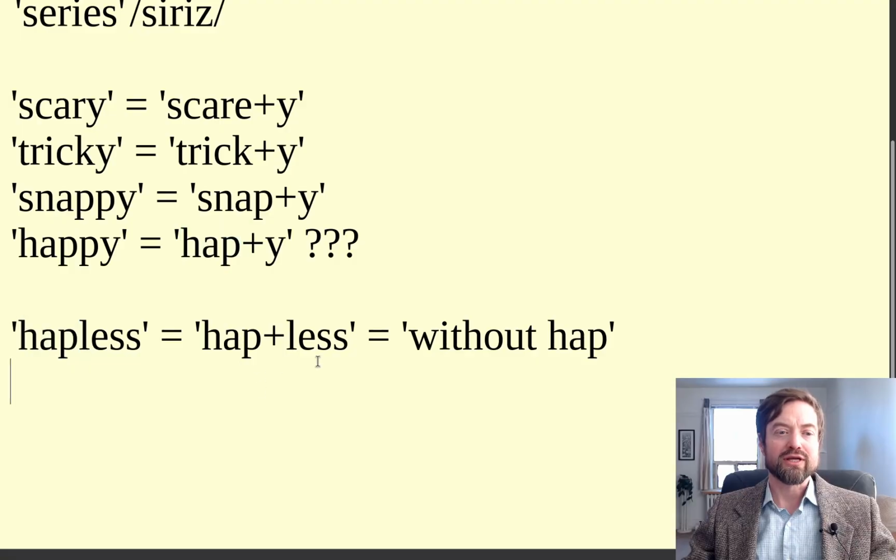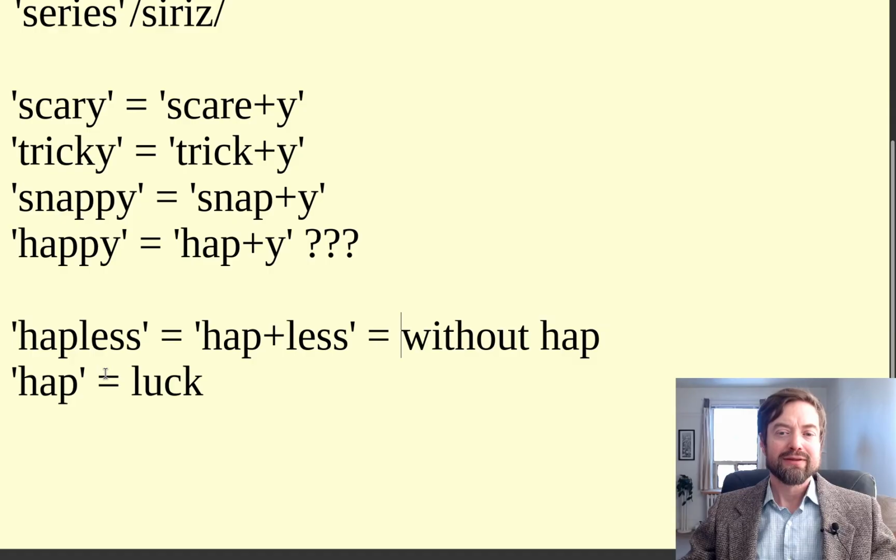Well, the story is that in this case, it goes back into the history of the word, as so much of this does. When you go into the history, you see that there used to be a word called hap, and this word meant something like luck. So the idea of being happy is like saying lucky.